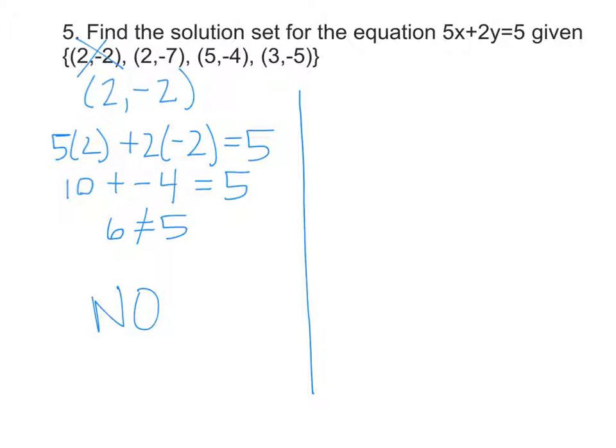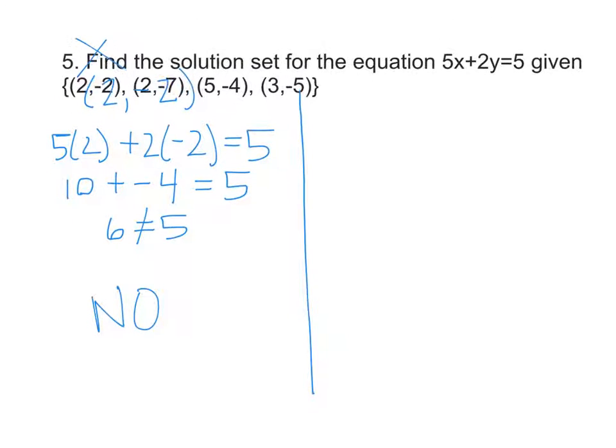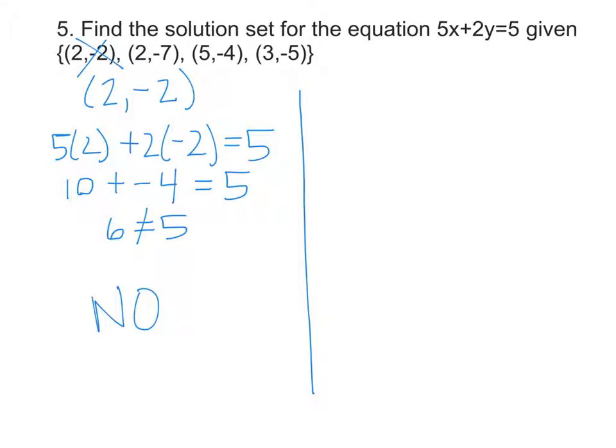Now we're going to do the same thing with the next point. So we're going to plug in 2, negative 7. Notice how I'm writing the point at the top of my work so I remember which one I plugged in.